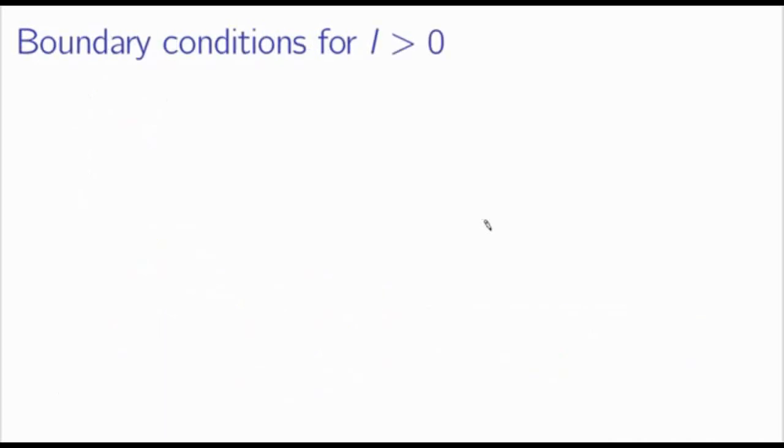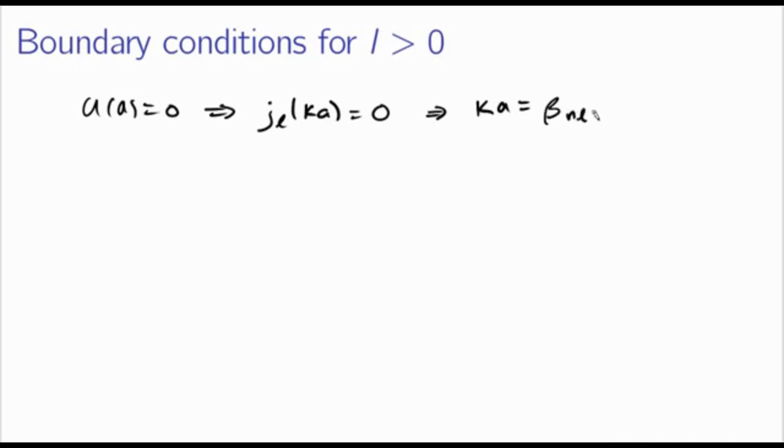So our boundary conditions look much the same as they did before. We just have to express them in terms of these unknown zeros. So again, u of a has to be 0, which implies that J sub L of ka has to be equal to 0, which implies that instead of ka being equal to n pi, ka has to be equal to beta sub nl.